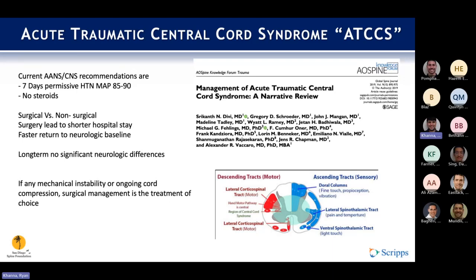If there is mechanical instability or ongoing cord compression, that'll force you to take the patient to the OR sooner rather than later. But the paradigm I've been taught since residency is that if the patient is getting better or improving, you just want to treat with elevated MAPs and let the cord be perfused, versus if they're not getting better, that's something where you want to take them to decompress and fuse.